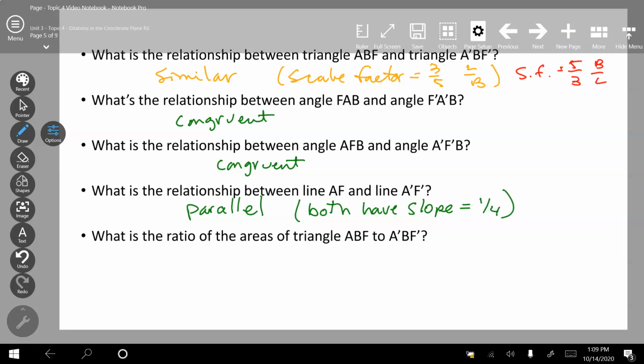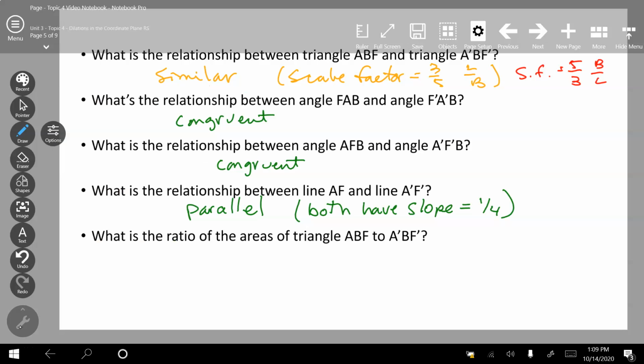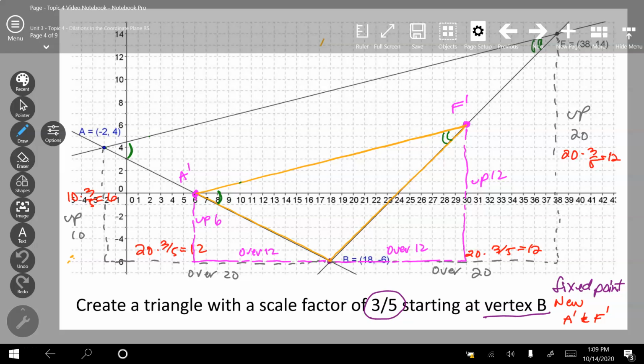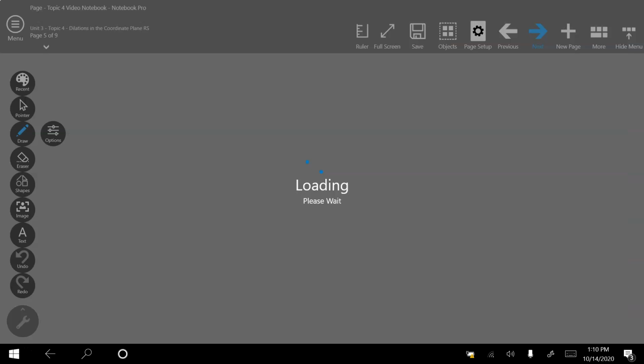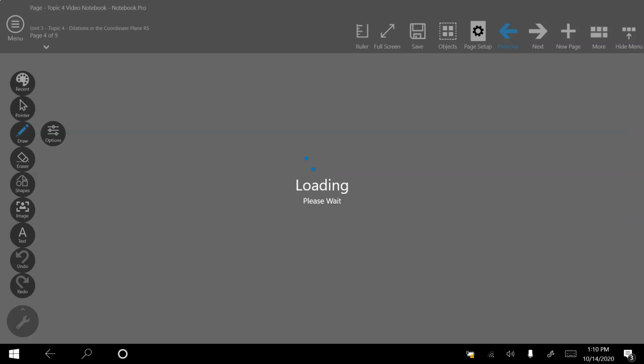So here's another reason why these two angles are congruent. The reason that these two angles are congruent is because this angle here and this angle here are corresponding angles for both of them. That's why they work.